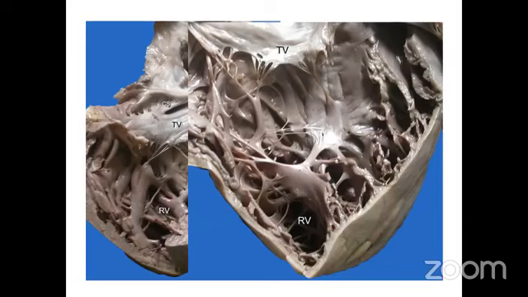So this was an example of a rare type of cardiomyopathy, which is called arrhythmogenic cardiomyopathy, which is characterized by a parchment-like appearance of the right ventricle, which is appearing yellowish white in this particular case.